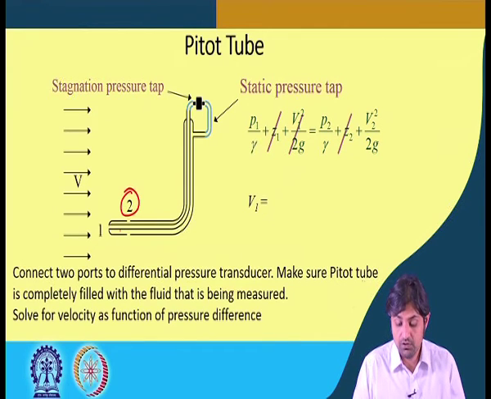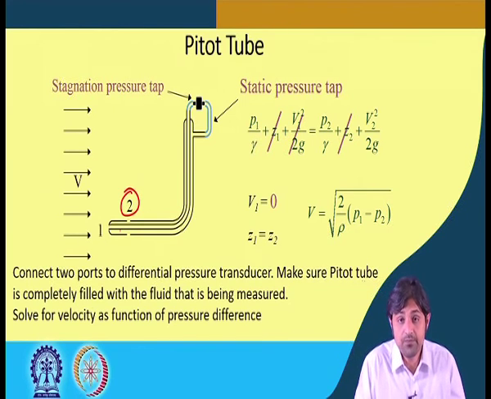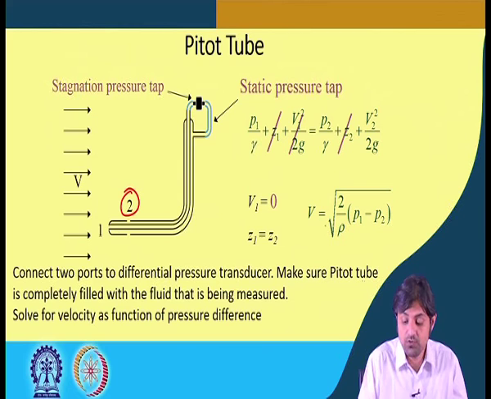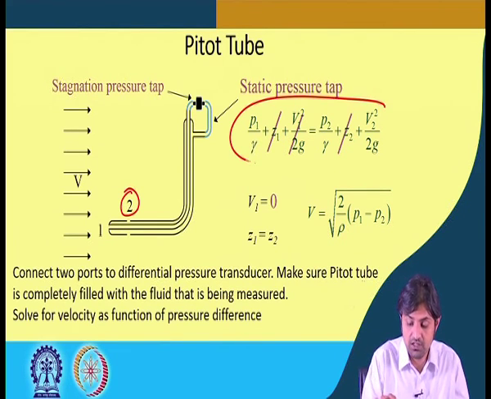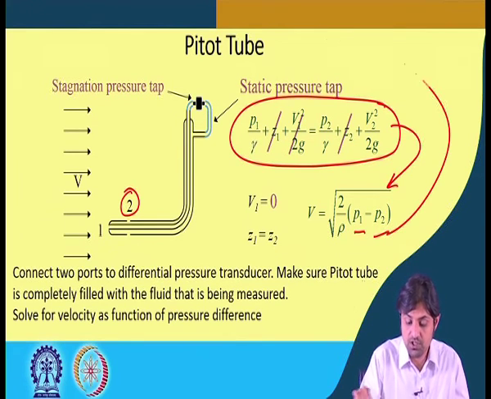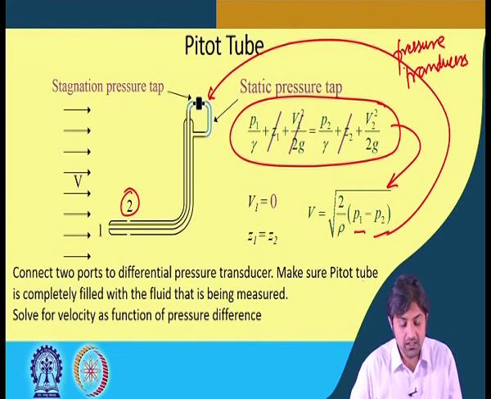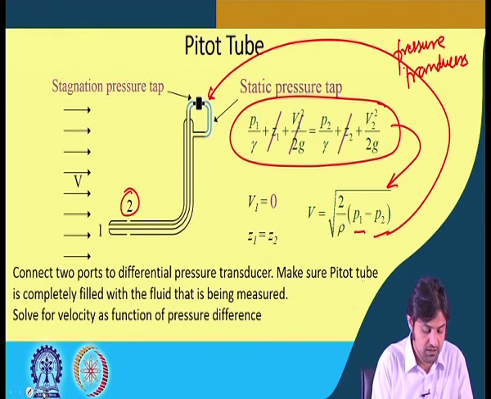So, V1 is 0 and Z1 is equal to Z2, that is why we have done this. V that is measured is a function of the pressure difference, and using this equation we get this, and P1 and P2 are measured using the pressure transducers. So this is how the pitot tube works.